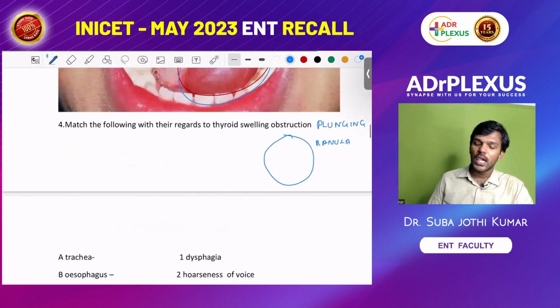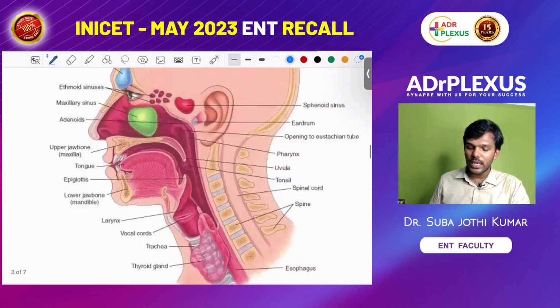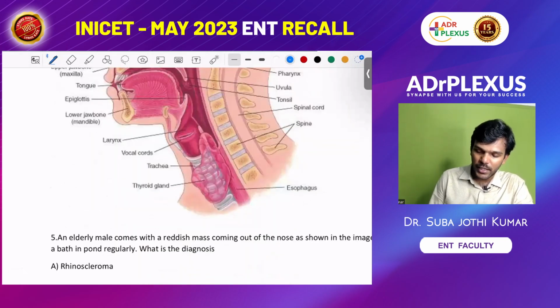It's a very easy question. If a thyroid swelling is obstructing the nearby structures, which structure's obstruction will lead to which of the following symptoms? All right. For example, I have given you the lateral view of our neck. So this is our thyroid gland. Okay.